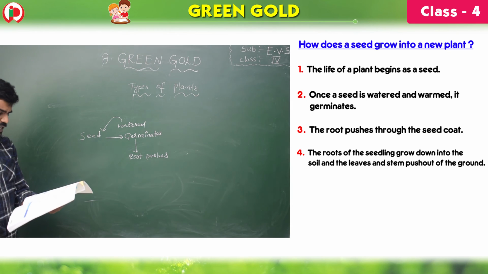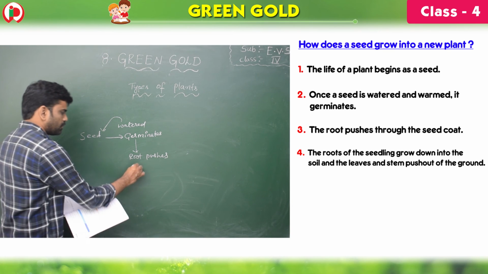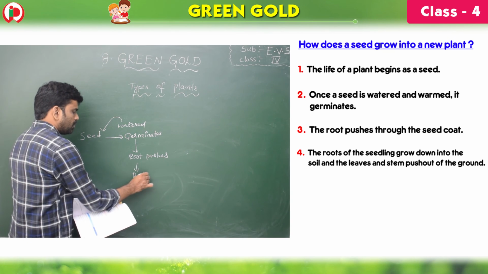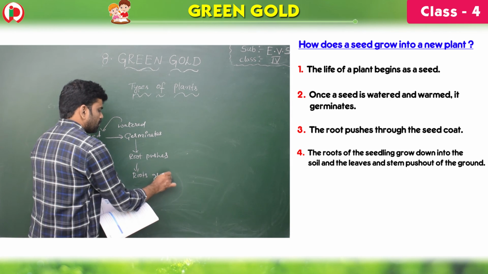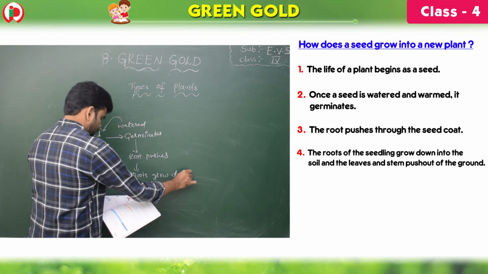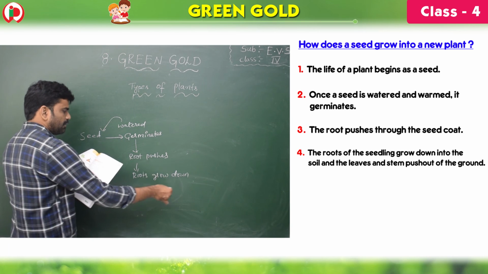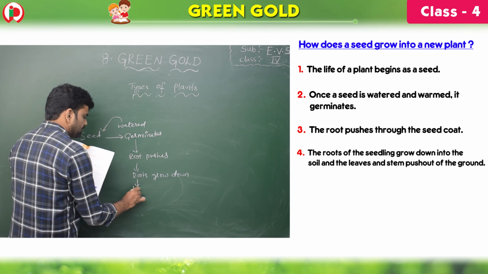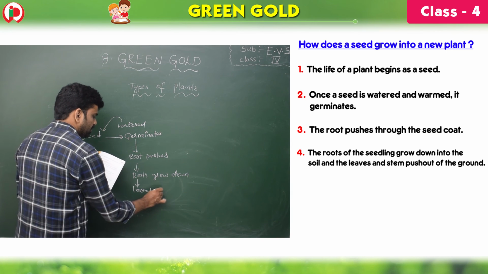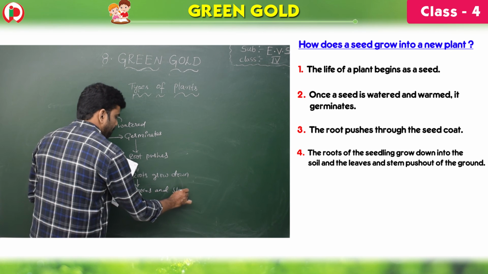The roots of the seedling grow down into the soil, children, and the leaves and stem grow up.